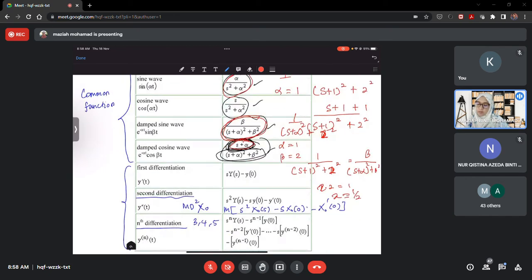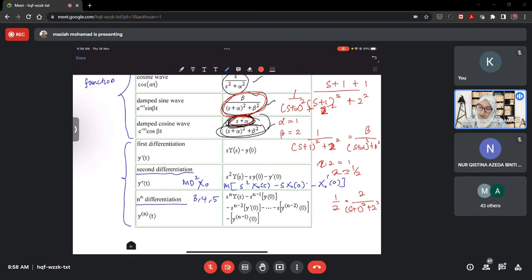So therefore we can rewrite the function. It is similar to 1/2 multiply with 2 divided by s plus 1 square plus 2 square, because the beta should be similar to the upper part. So therefore we have a gain of 1/2.